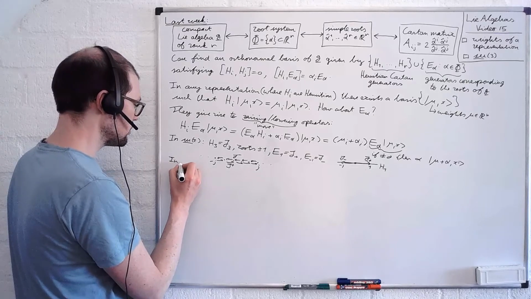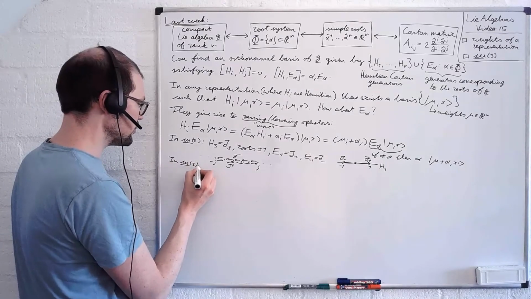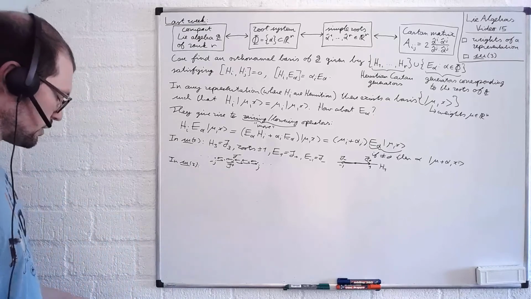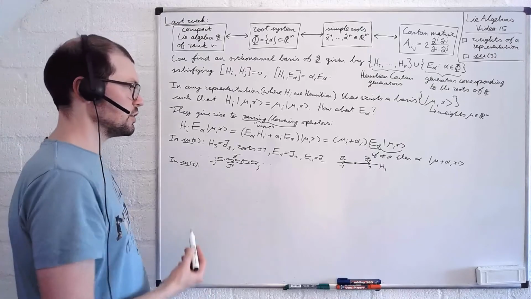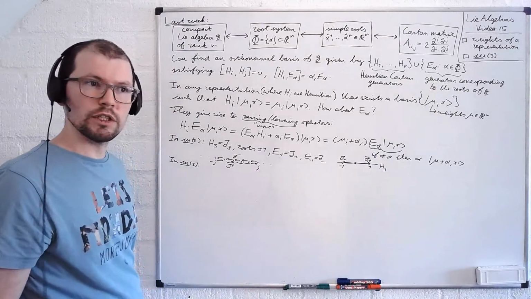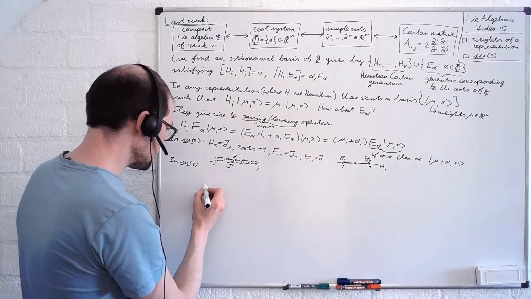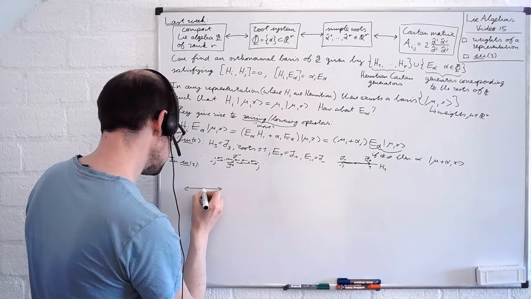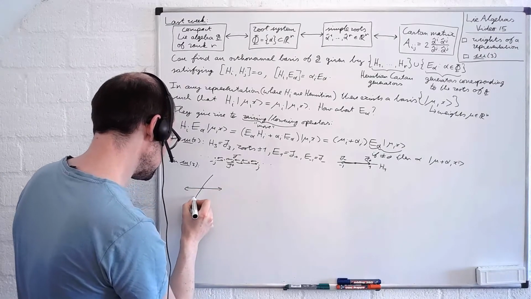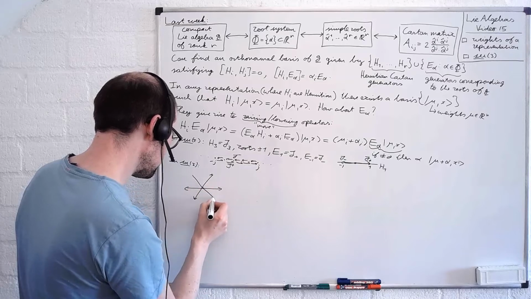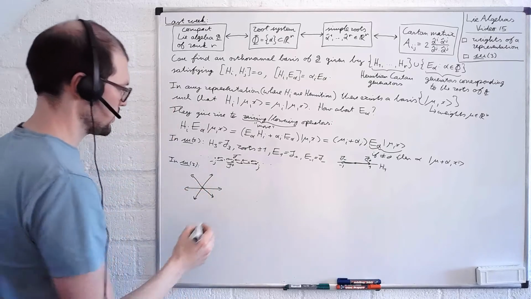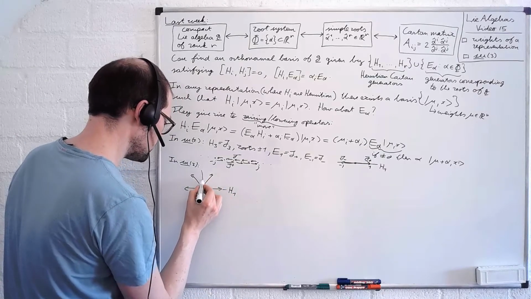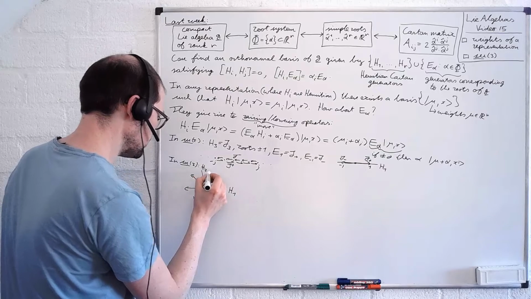So how about some more interesting Lie algebras like SU3? Well, in the exercises you have derived what the root diagram of SU3 looks like. So it is of this form. Here I have the H1 axis and the H2 axis.